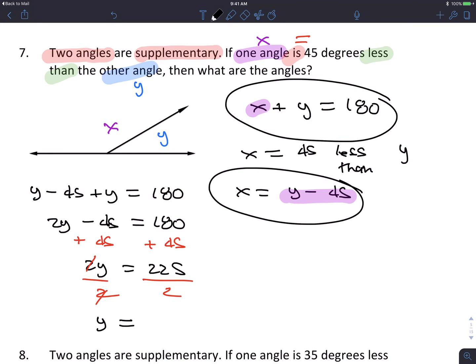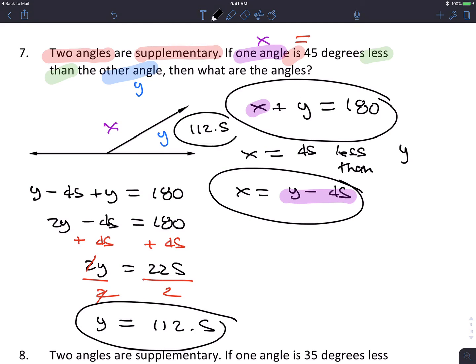Okay. It looks like it's going to be 112.5. If we double this, it's 224, 225. Yes, y is 112.5. So let's plug in 112.5 here, minus 45.